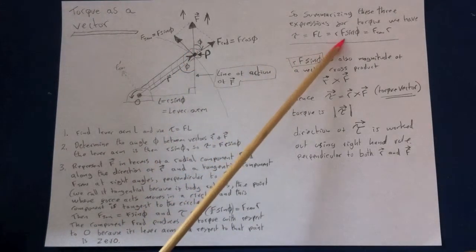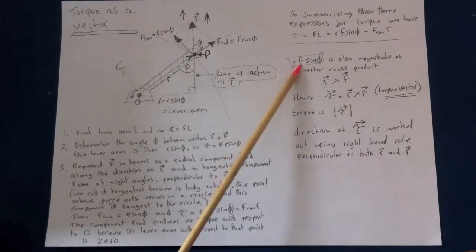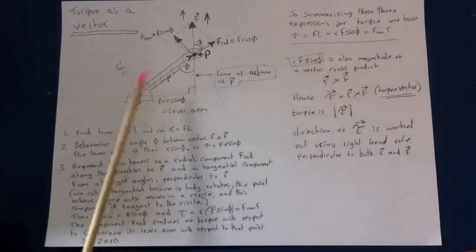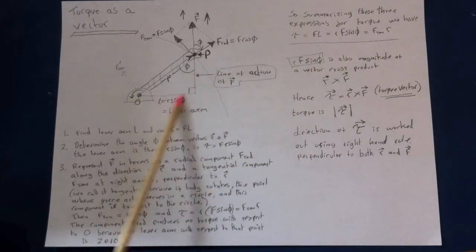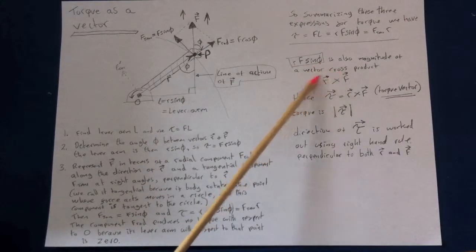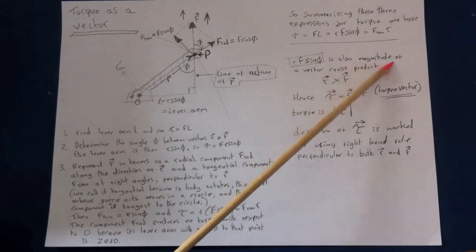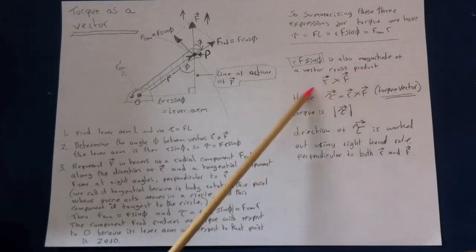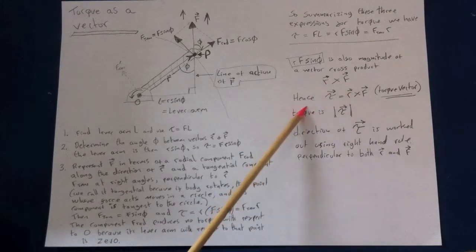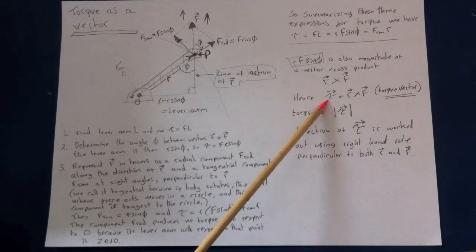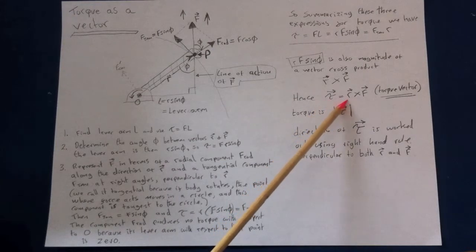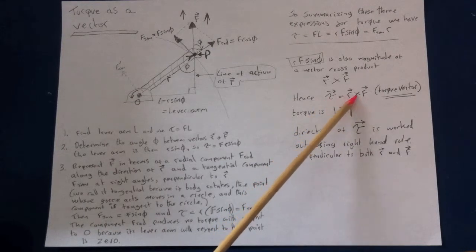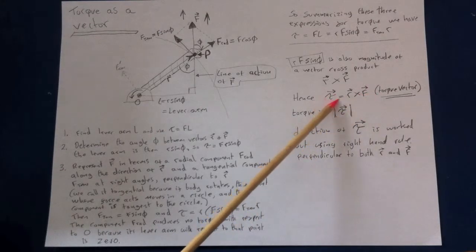Now the other thing, looking at this one here, r F sine theta, which is this one here, is also the magnitude of a vector cross product r cross F. Hence, the torque vector equals r vector cross F vector. This is known as the torque vector.